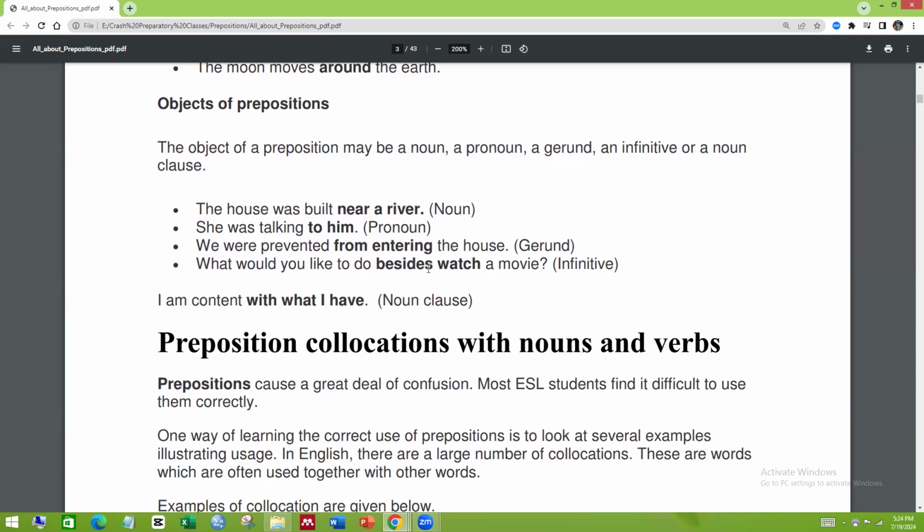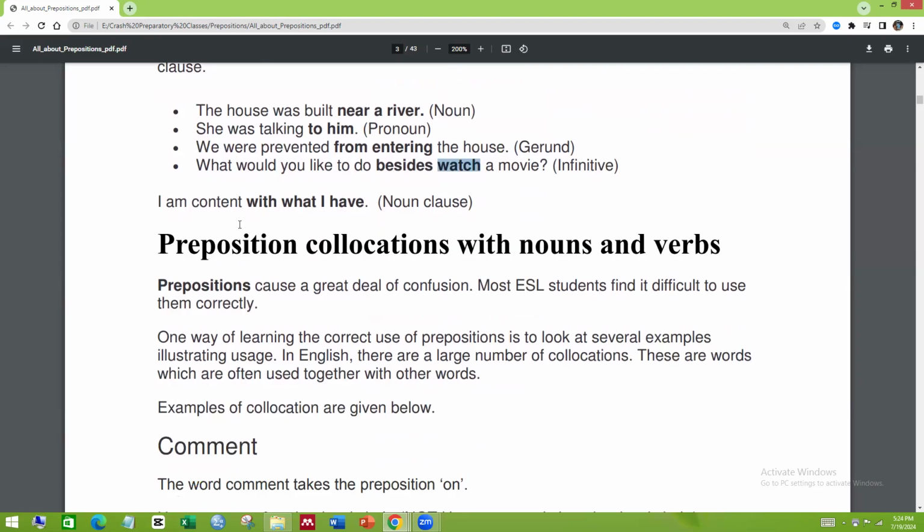From entering, a gerund. Besides watch. तो यहाँ फिर एक base word जब हम use करें as a verb तो उसे हम कहते हैं infinitive verb. Okay. I'm content with what I have, noun clause. What I have. Now this is a noun clause, a dominating part of a sentence.